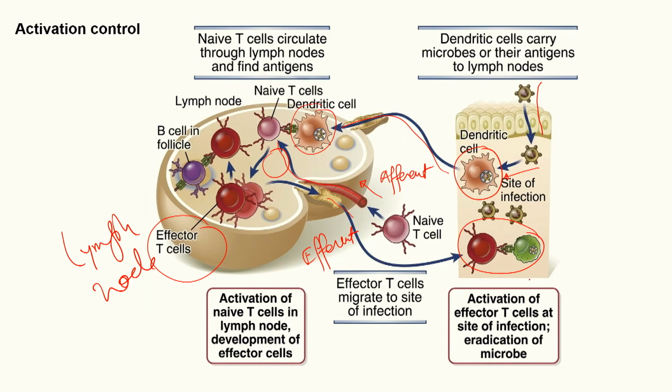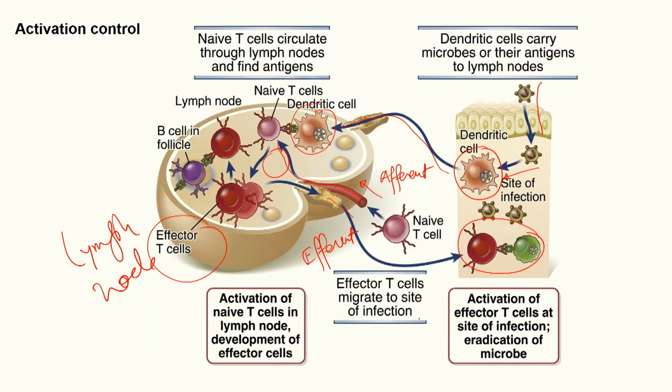So this is actually a loop mechanism where a dendritic cell encounters an antigen and presents it to the naive T cell in the lymph node. The lymph node area is actually the site of maturation of the T cell, and once the T cells are matured, they go to the effector site, such as the skin or the gut, and perform the effective function to neutralize or clear the antigen from the site.